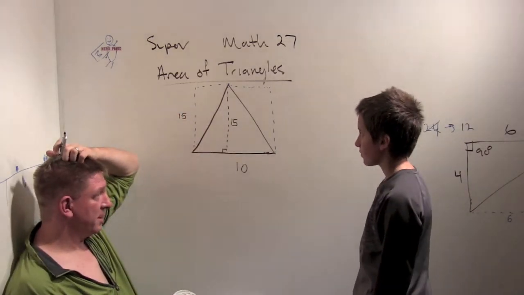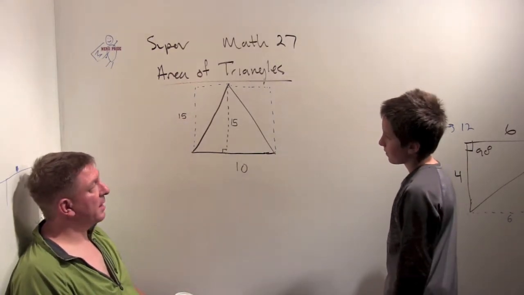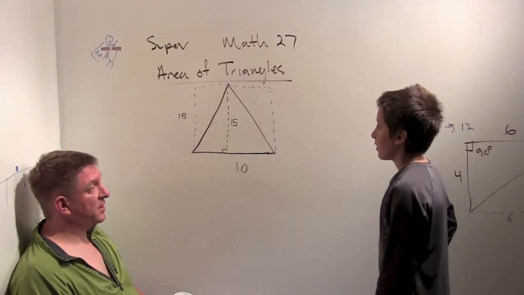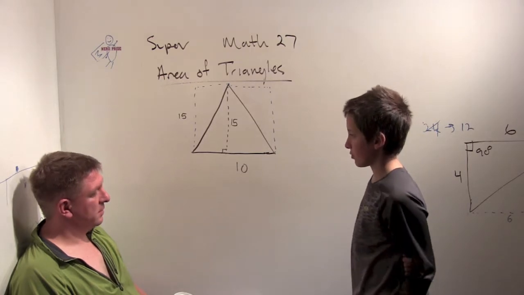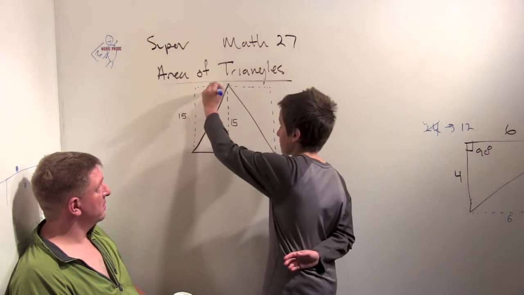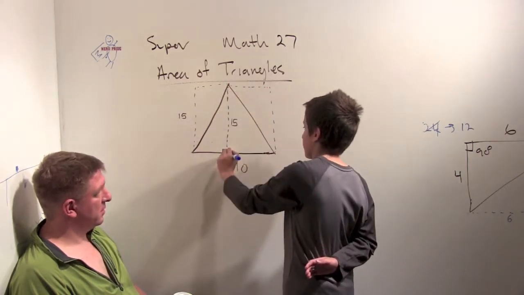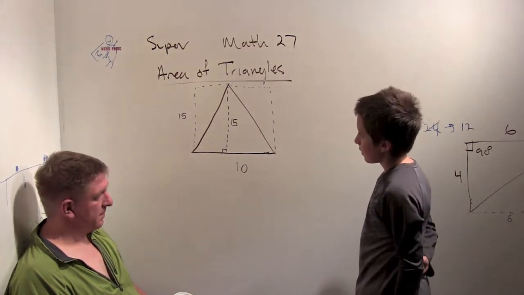That rectangle doesn't really exist, but it does help us understand something about our triangle. Well, this is twice the area of the triangle. How come? Because this triangle is half of this smaller rectangle, and it's the same for this one.